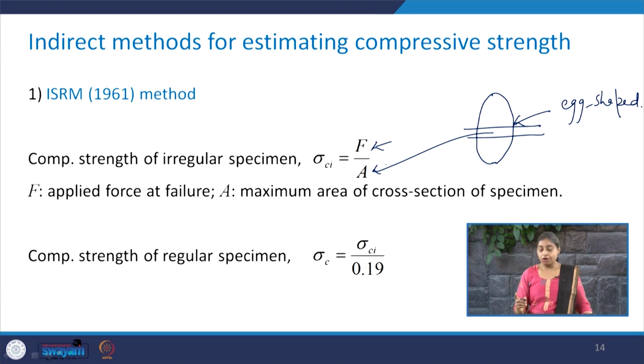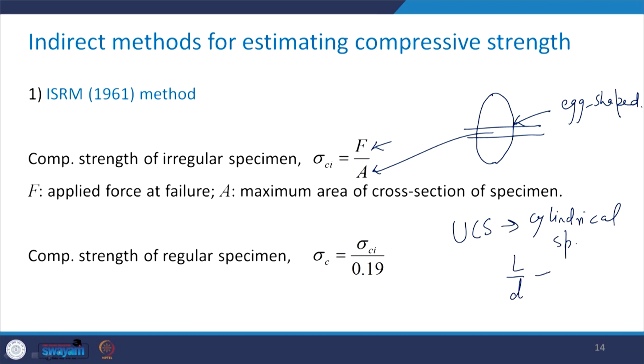But how have we defined the UCS? It is for a cylindrical specimen with L by D varying between 2 to 3. So a correlation was developed to convert the compressive strength of the irregular specimen to the compressive strength of the regular specimen.